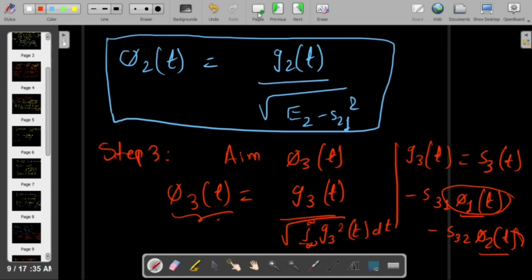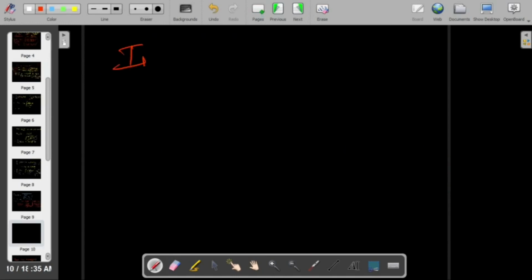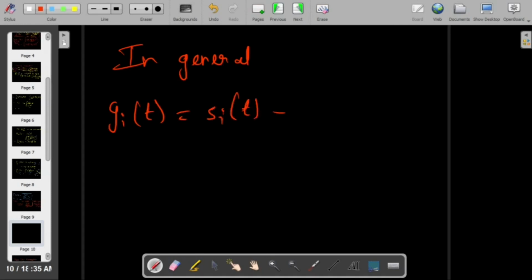So I am generalizing: in general I write Gi(t) as Si(t) minus the summation over j. This is just a general form which all books write in the very beginning, but I am writing it at the end. And what is phi i(t)?